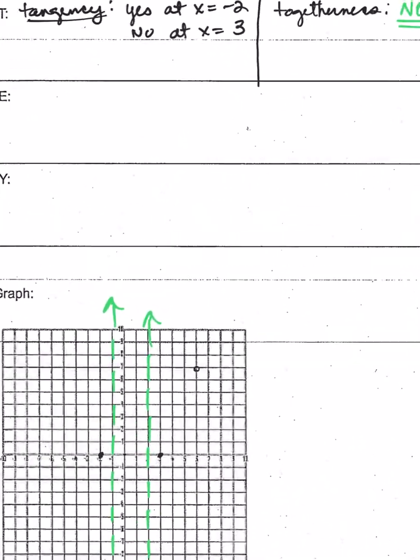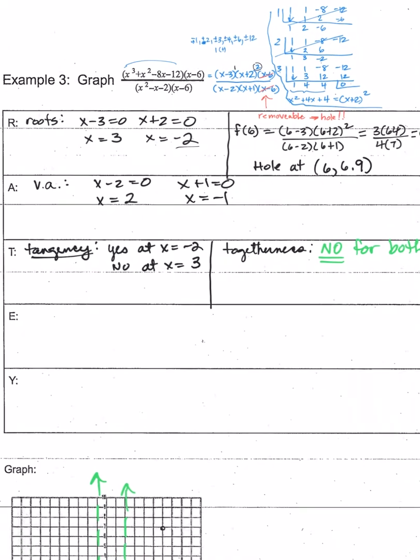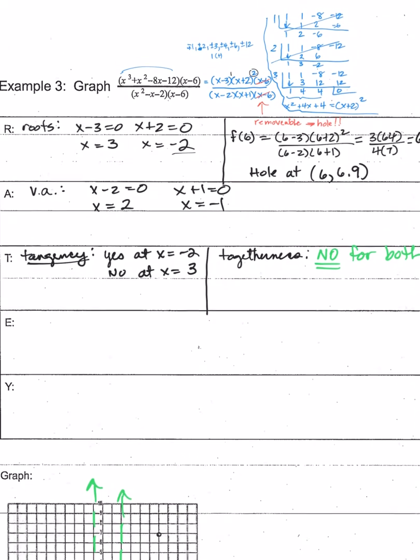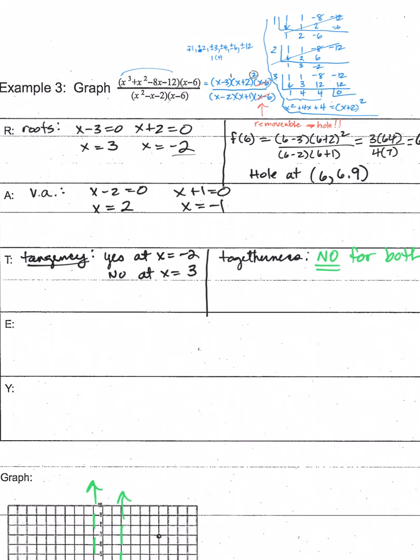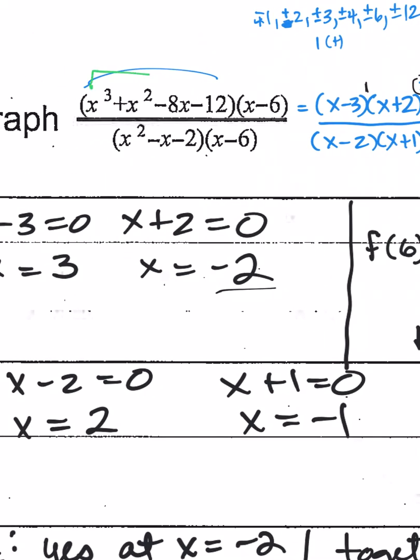So, E, end behavior. What is my lead coefficient? We base it on what's left. We got rid of a factor, so that doesn't count, does it? It doesn't matter. We could still do it to the original. What's my top term going to be here? X to the what? Fourth.